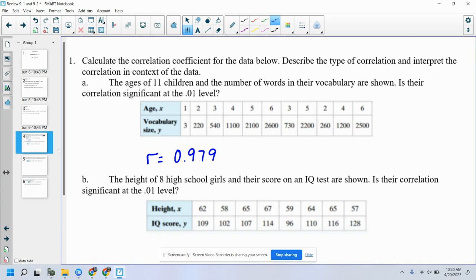Now remember that I don't need to subtract anything, do I? No, that's just asking me for n straight up. So I'm going to look at n = 11 at the 0.01 level, and I see that it is 0.735. And so because 0.979 is greater than 0.735, we can say that it is significant.